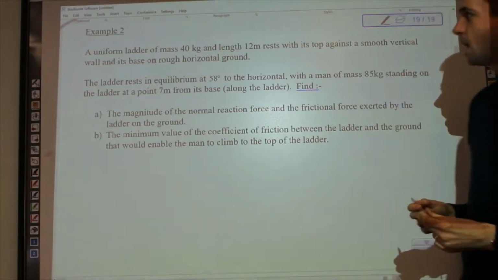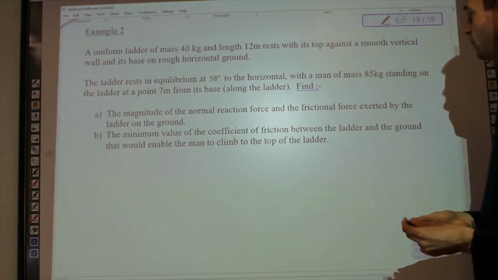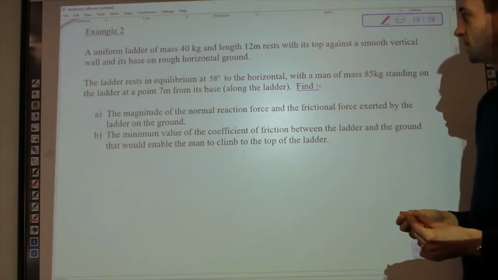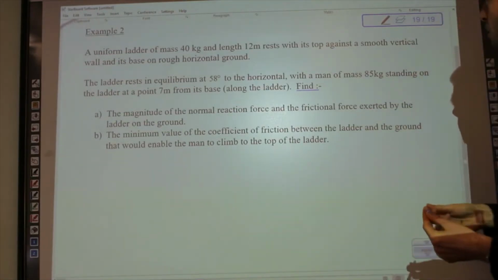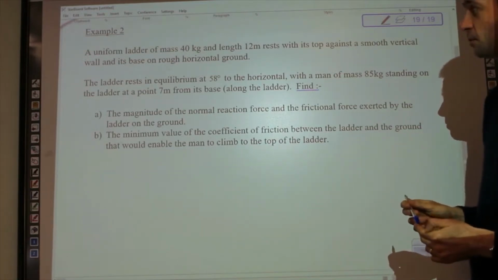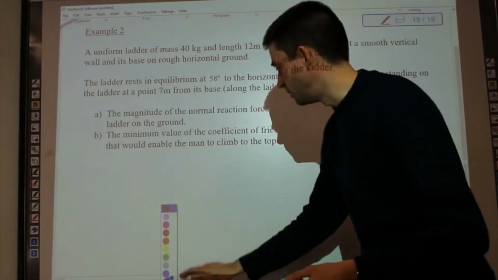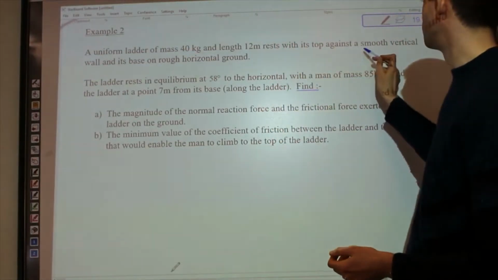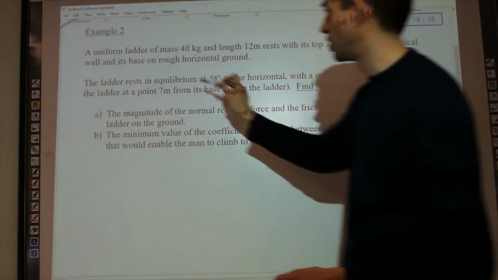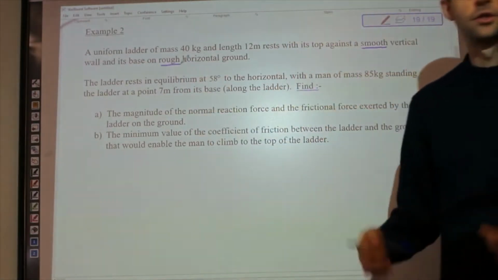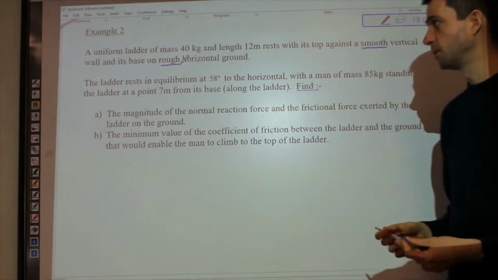Right, here we go. A uniform ladder of mass 40 kilograms and length 12 metres rests with its top against a smooth vertical wall and its base on rough horizontal ground. As we've been exploring, a smooth vertical wall means no friction, and rough horizontal ground means friction between the ladder and the ground.